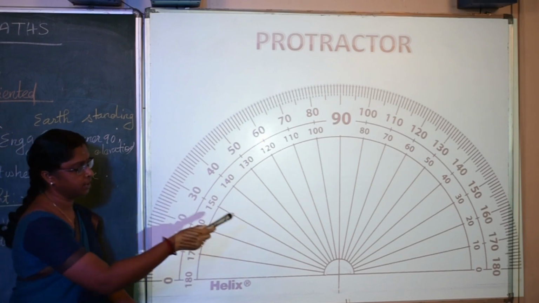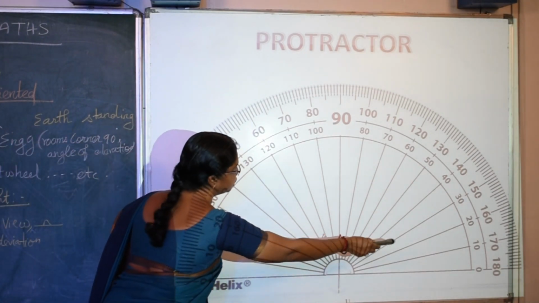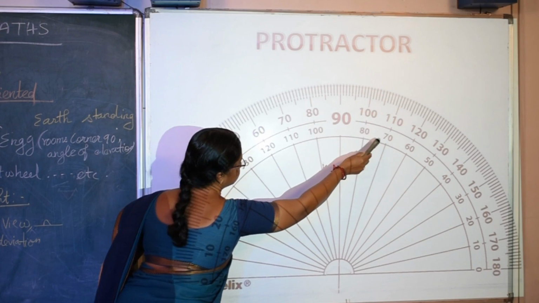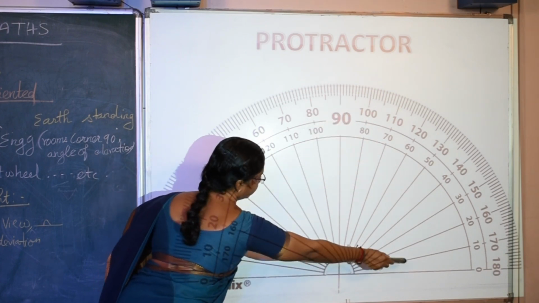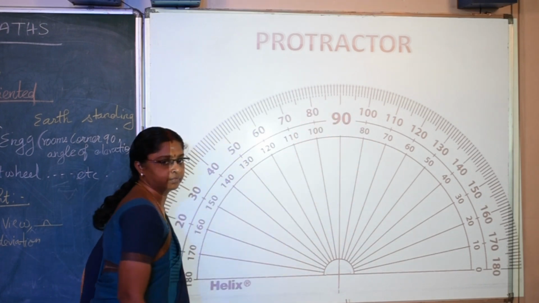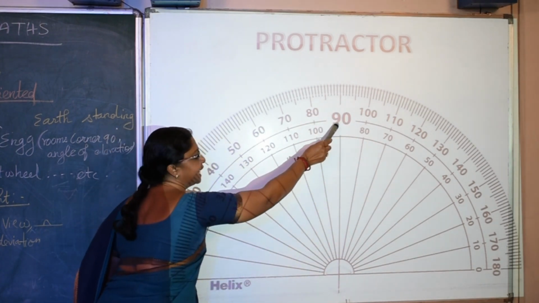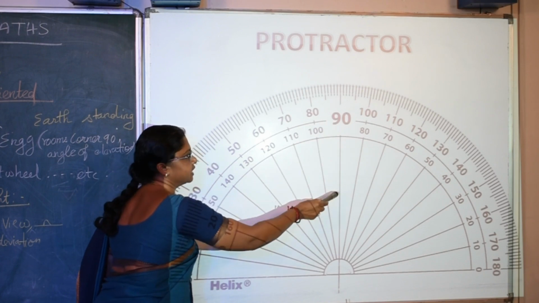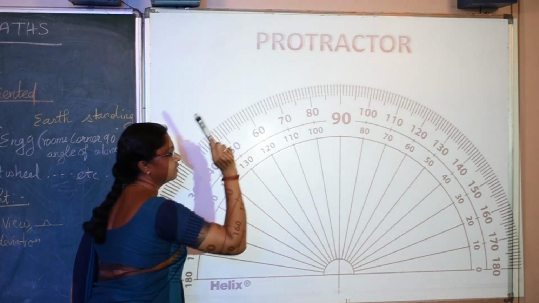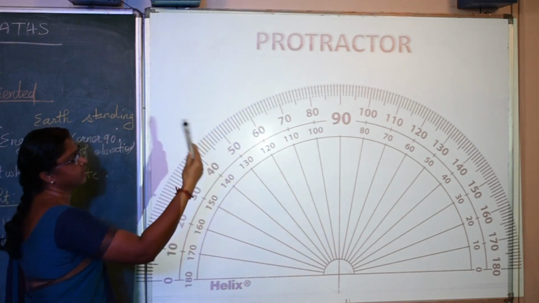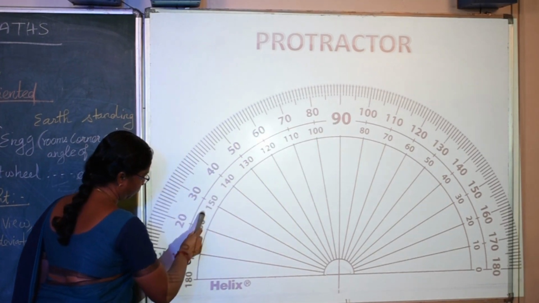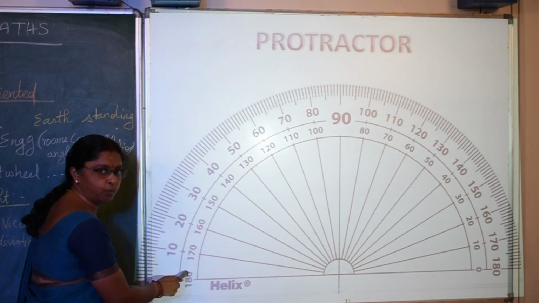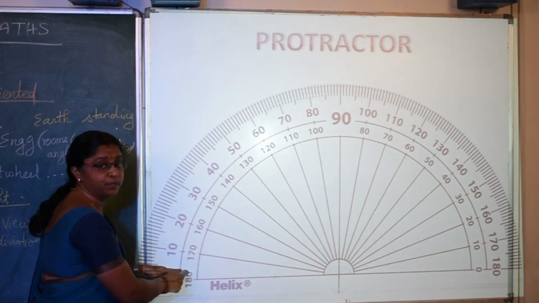From 0 up to 89 degrees, we call this an acute angle. Exactly 90 degree is called a right angle. Above that, from 91 degree up to 179 degree is called an obtuse angle.